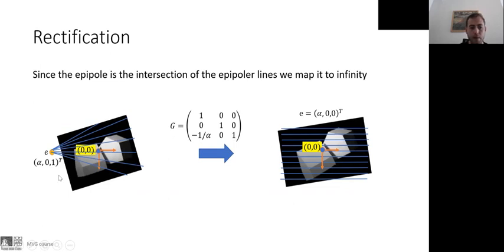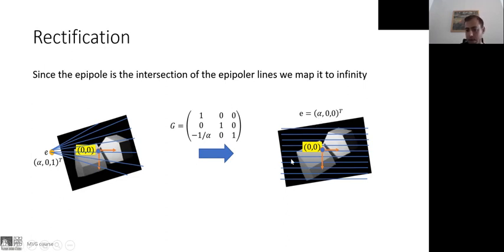Next, now that the epipole has 0 height, we can use this G, which basically keeps alpha and 0 in the second coordinate, but changes the third coordinate to be 0. We just apply this transformation G on the image. What it did is map the epipole point to infinity in the direction of the x-axis.